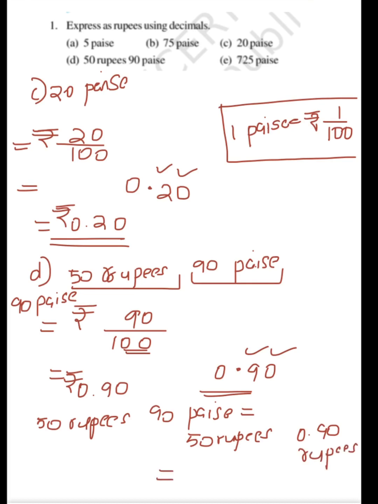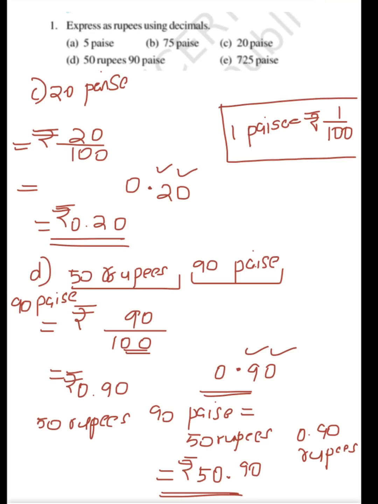So in total you can write it as 50.90 rupees. That is, 50 is already given in rupees, and 90 you have converted and got rupees 0.90. So in total it is 50.90 rupees.